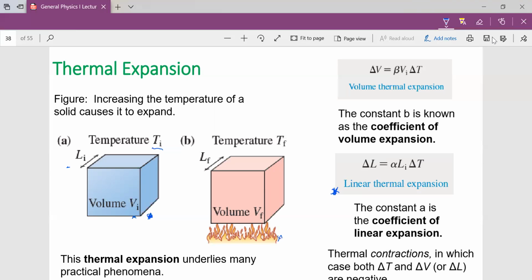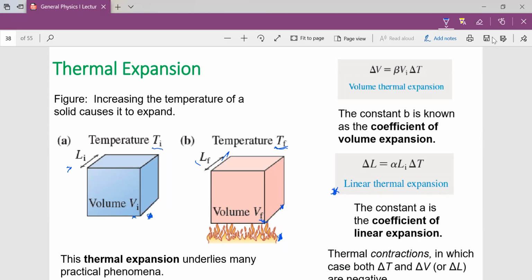Now, when we applied heat, which is we transferred energy from this flame to the system, we notice that the system gets hot, right? As the system heats up, the temperature goes from the initial to a final temperature, a rise in temperature. And there's also an extension from the length, that is the little change in the dimension of the length and of that of the volume.